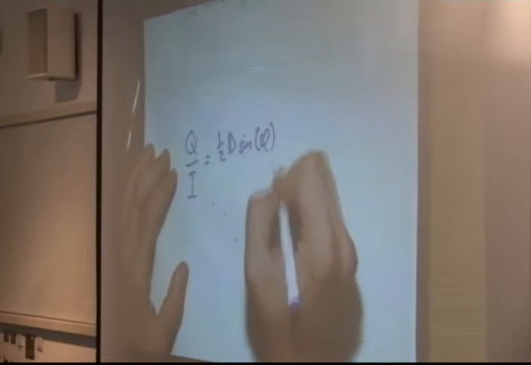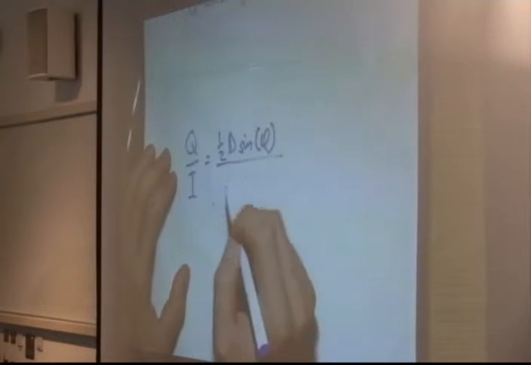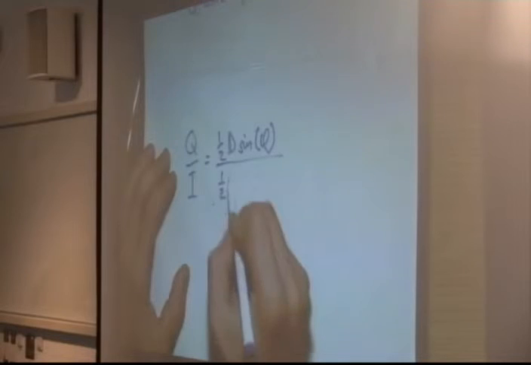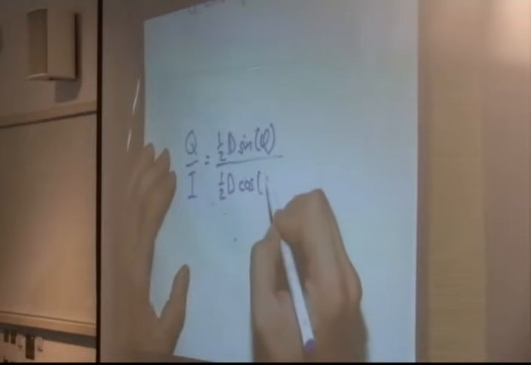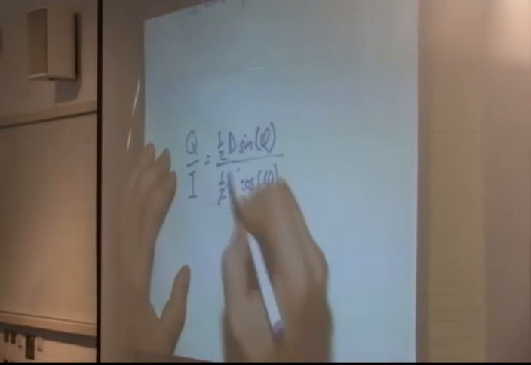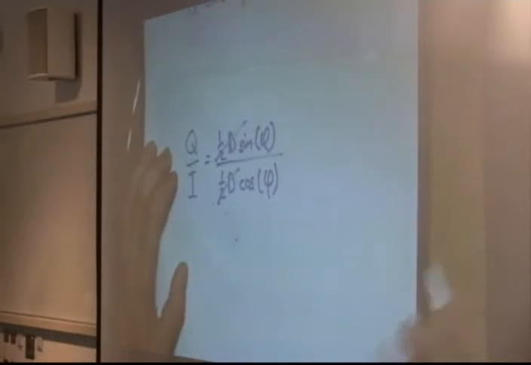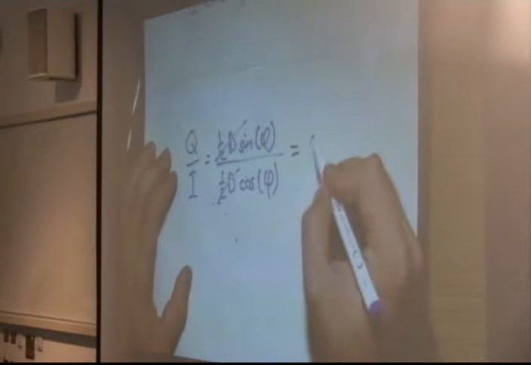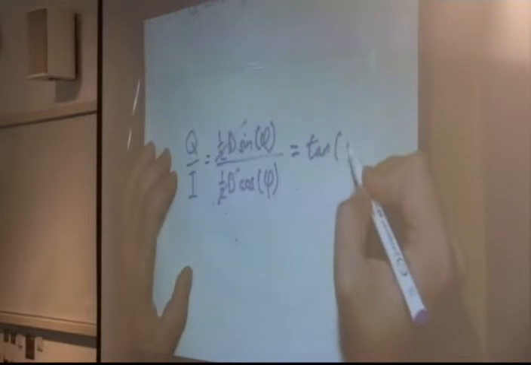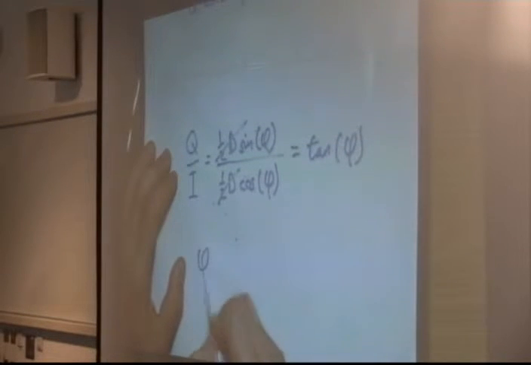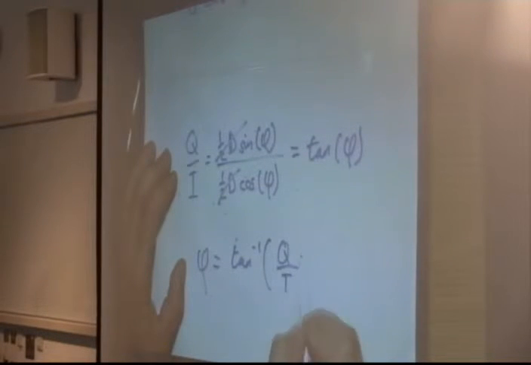So sine of the phase error, and that's a half d cos of the phase error between these two. These bits just cancel, so we get sine of something over cos of something, which is the same as tan of something. So that's tan of the phase error. Therefore the phase error is equal to the inverse tan of Q over I.